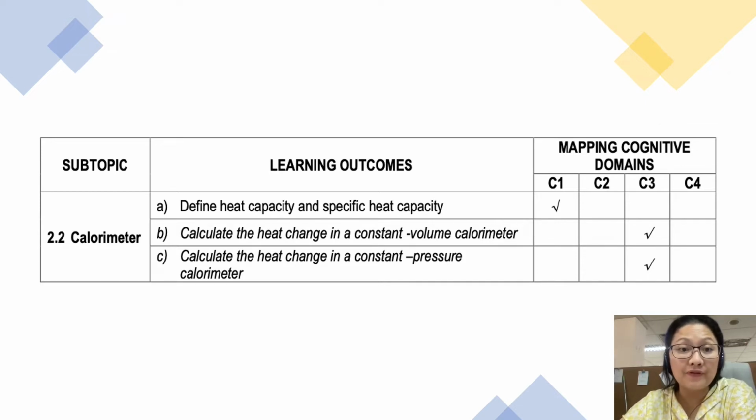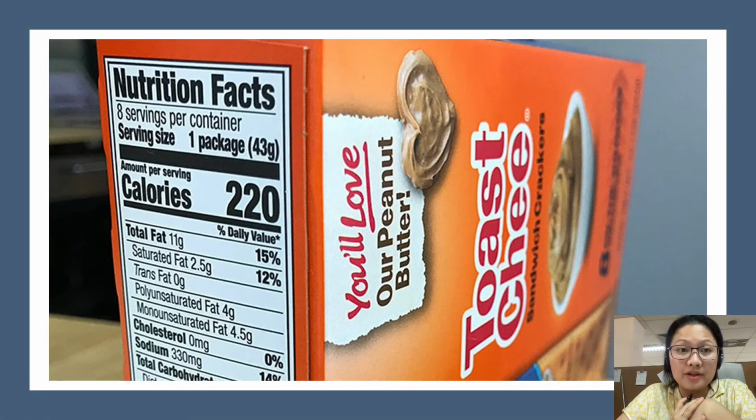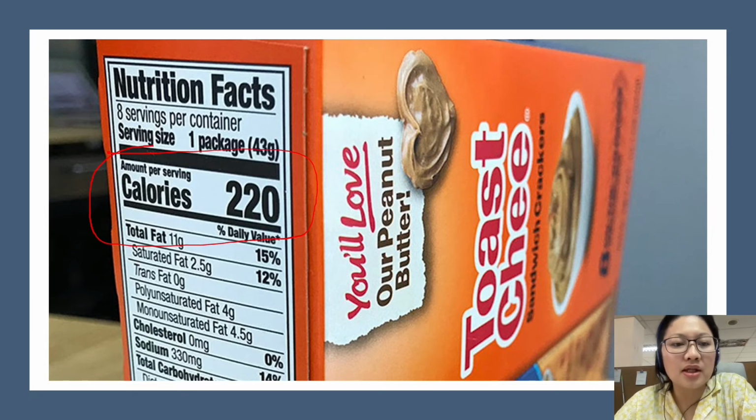So let's take a look at the first learning outcome, which is what is heat capacity and what is specific heat capacity. Before we go further to learn more about the calorimeter, let's take a look at this photo. We are used to seeing this, right? Usually those who are on a diet will always use these nutrition facts to look at this area, which is the calorie intake.